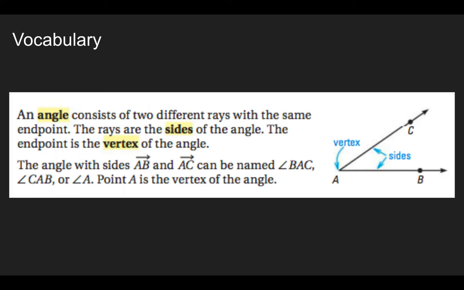The angle with sides AB and AC would be named BAC or CAB, or even just angle A if it's the only angle with the vertex A in the diagram.